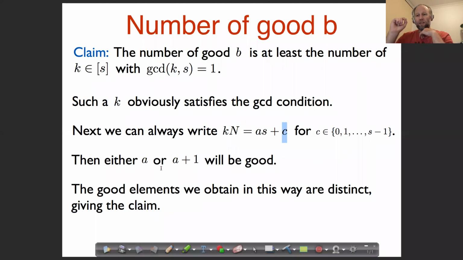Also, the good elements that we're obtaining this way are distinct for different Ks, so that gives the claim: the number of good B is at least the number of K which are relatively prime to S.